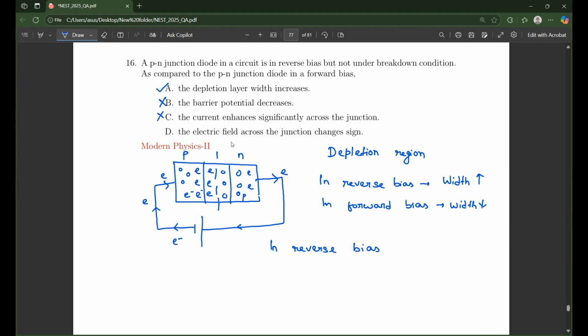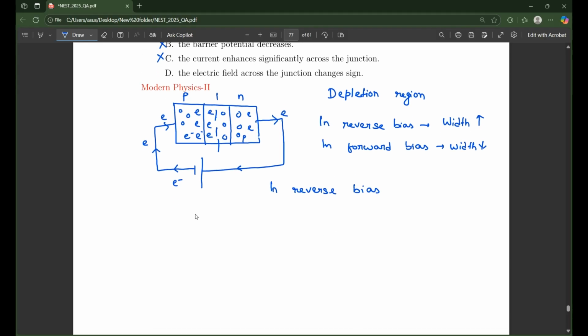Fourth option says the electric field across the junction changes sign. Okay, so let us first visualize the electric field in the depletion region. I have the depletion region like this. There are a layer of electrons and a layer of holes. Now what is the direction of electric field?